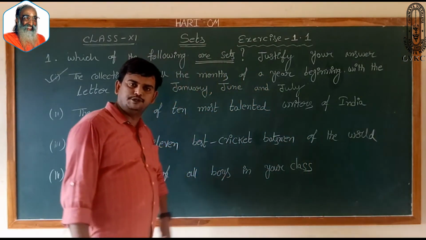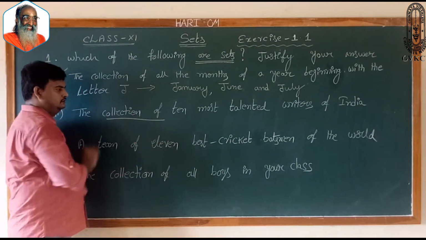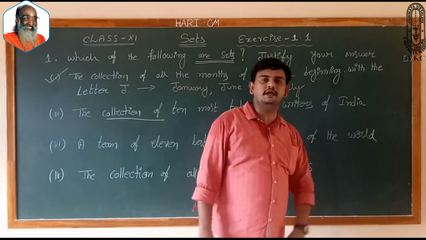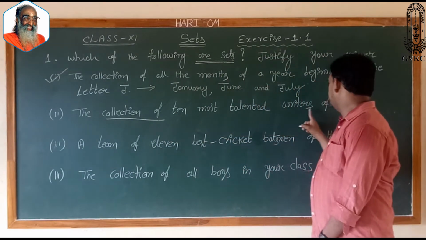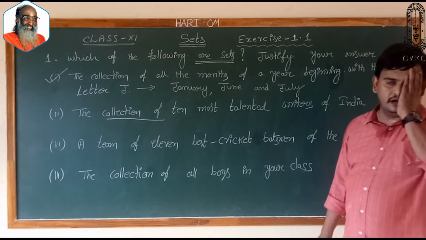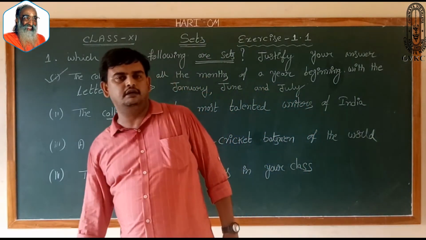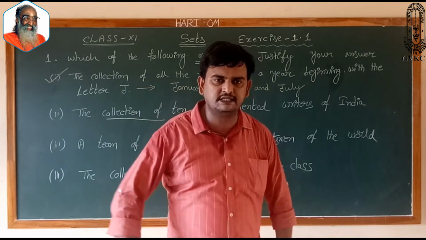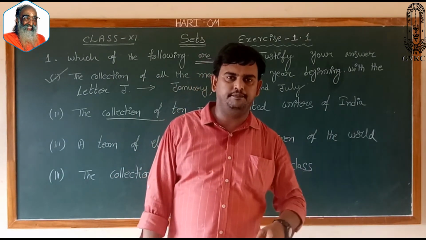Now coming to the second question. The collection of 10 most talented writers of India. Here we have a statement where, with 'most talented', every individual will have a different opinion.